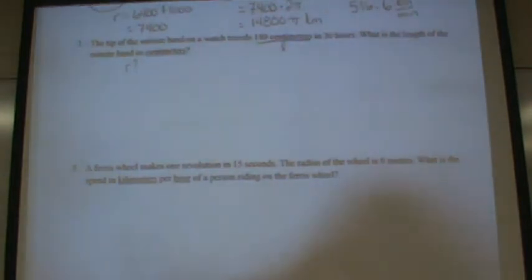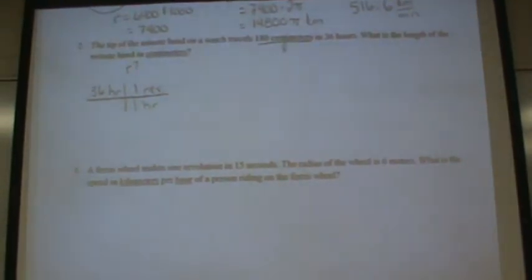So that's our L. 180 centimeters gives us our L value. And this is in 36 hours. And we're looking for the length of our minute hand. So we're looking for R.